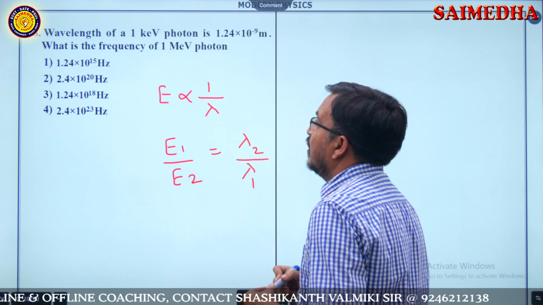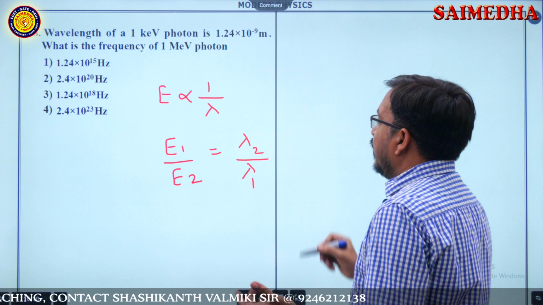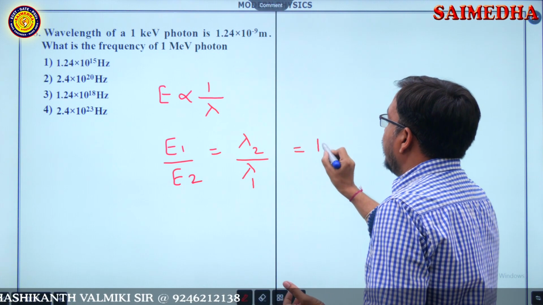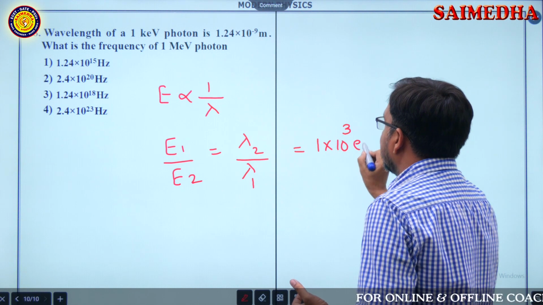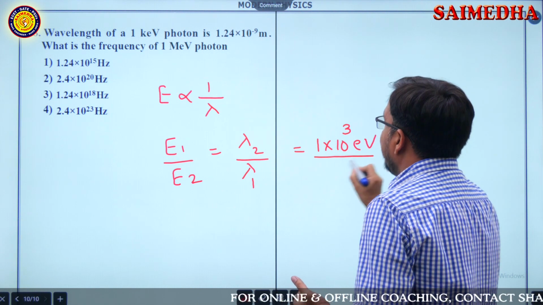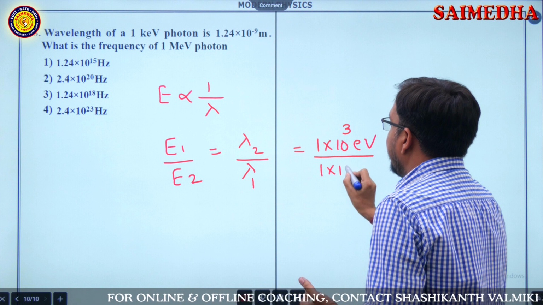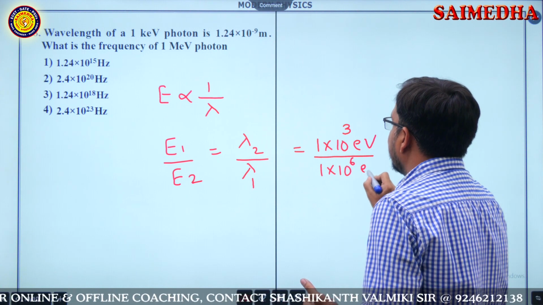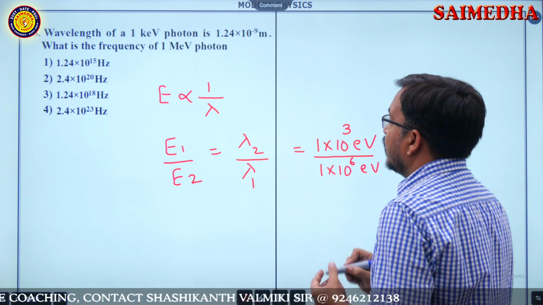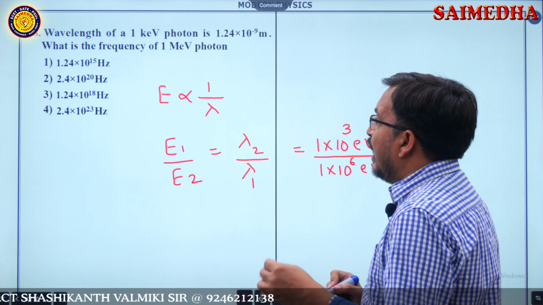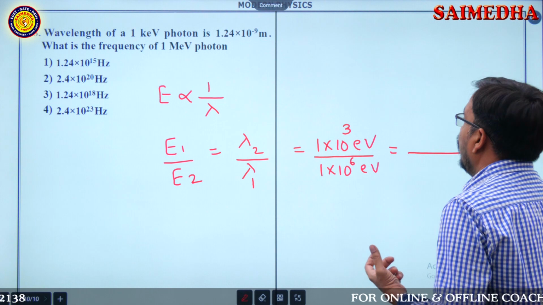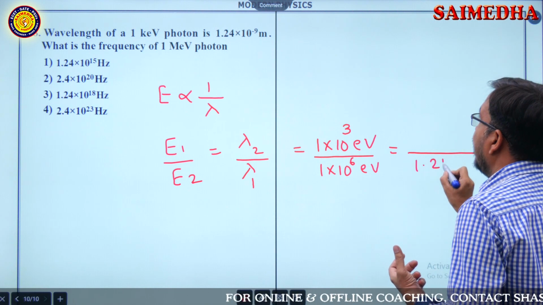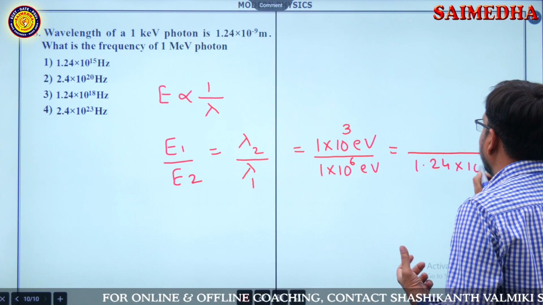Here E1 means 1 kilo electron volt, I am writing 1 into 10 power 3 electron volts, and E2 is given 1 mega, that is 10 power 6 electron volt, equal to lambda 1, which is given as 1.24 into 10 power minus 9.